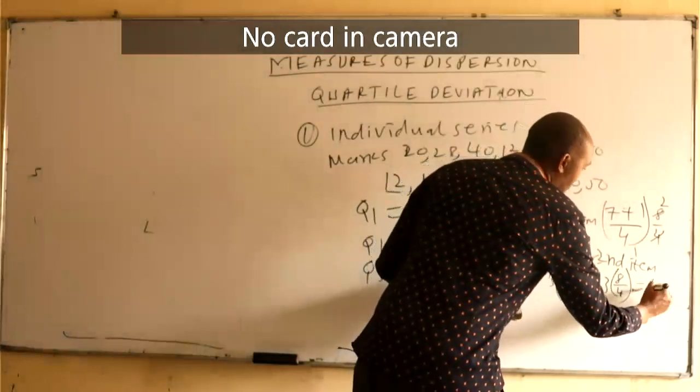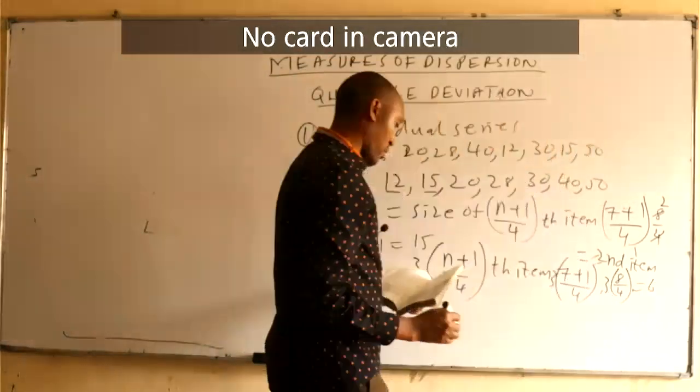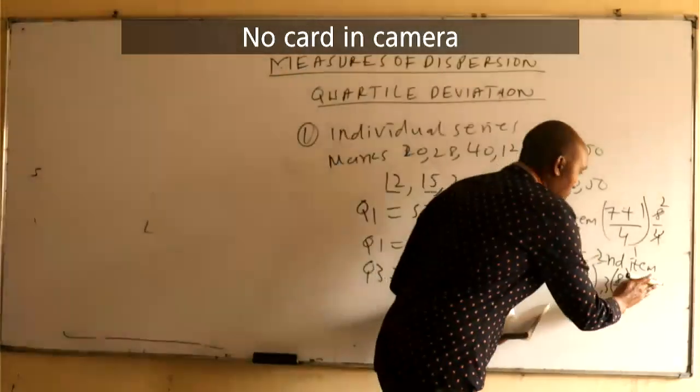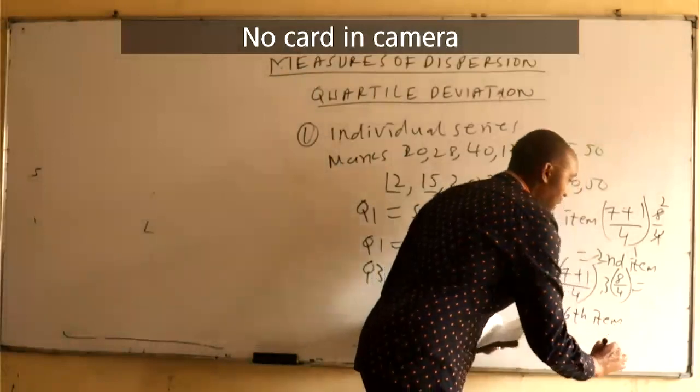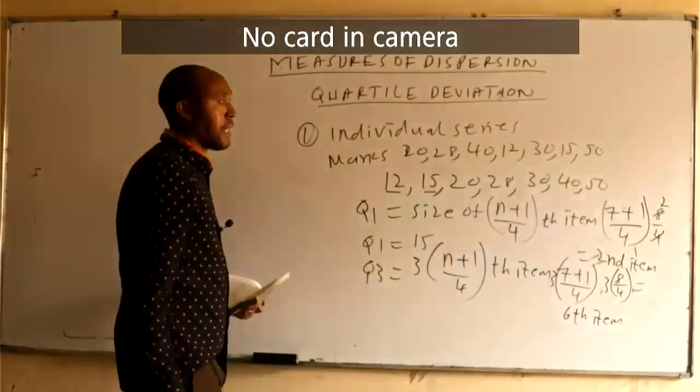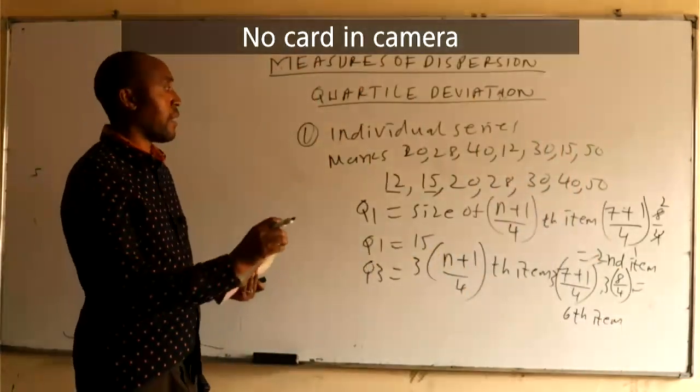When you calculate, you get 6. So it will be the 6th item, the 6th number in our data set.